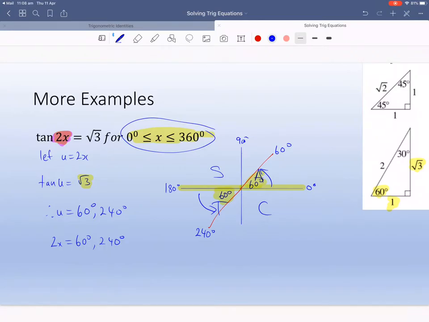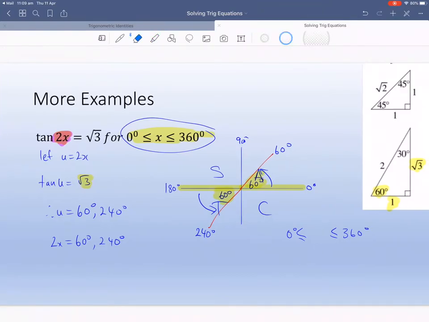and the problem is our domain. So I'm going to write it here. I'm going to go u, and I'm going to go 2x, 360. Now I need to find what the answer of x will be. Let me start again.